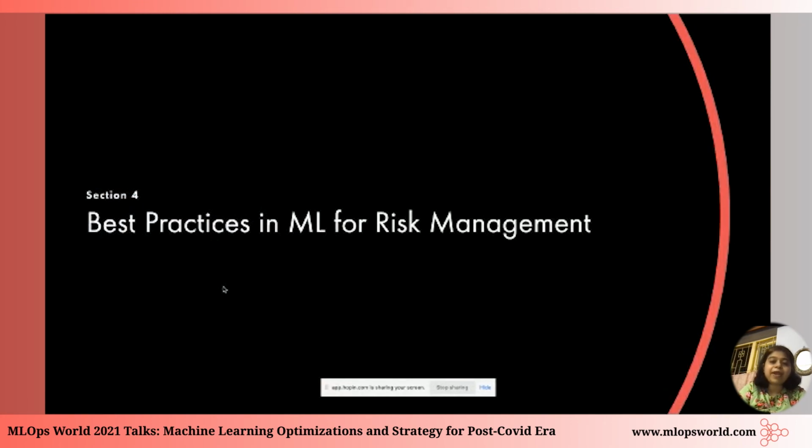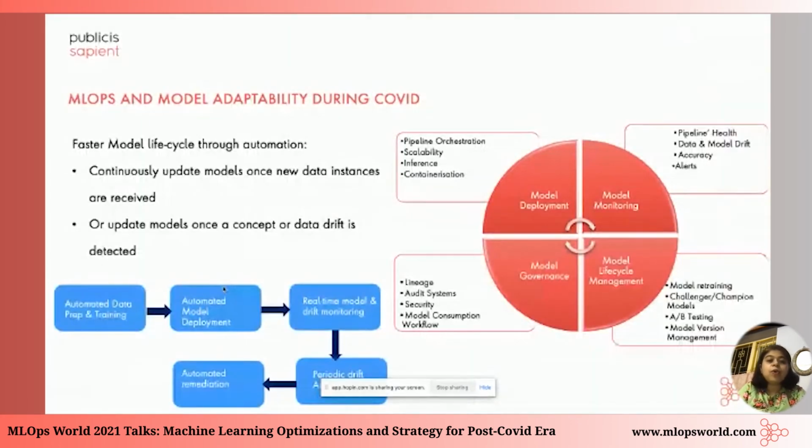Now, what are the best practices? We have talked about drifts and learned why drifts are important. Nothing goes complete without having the entire pipeline. So, a faster model lifecycle: continuously our models are getting updated when new data instances are received or when a new drift is detected.